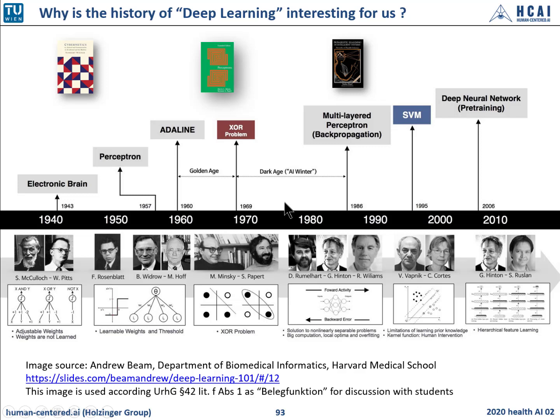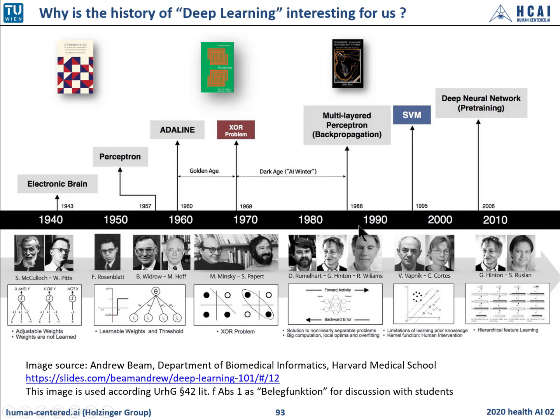That means logic and search. Symbolic AI was the dominant paradigm of AI research from the mid-1950s, so from the very beginning, until the late 1980s. This was called, or is now called, GOFAI, good old-fashioned artificial intelligence, and this actually was the start in 1957 with the perceptron.